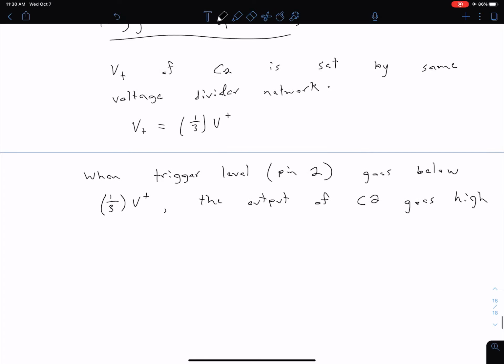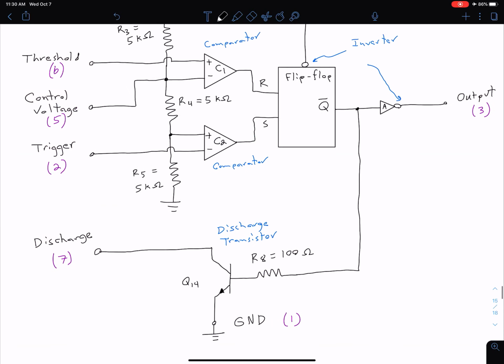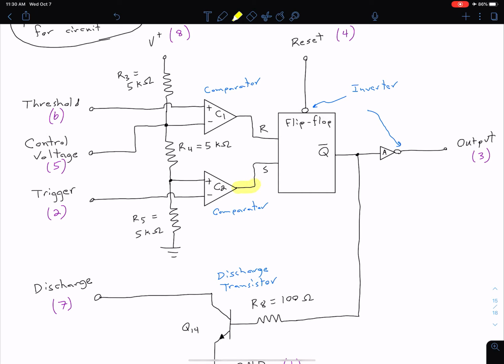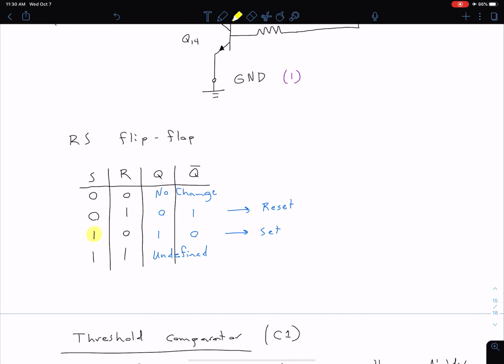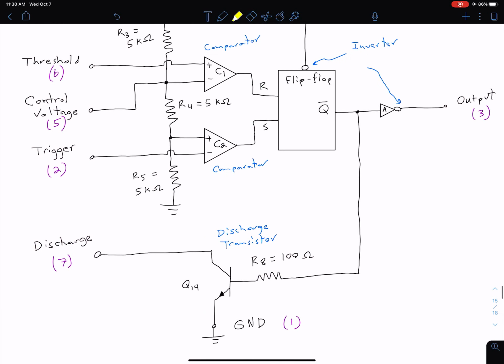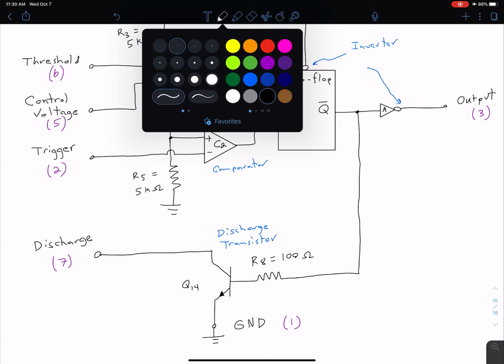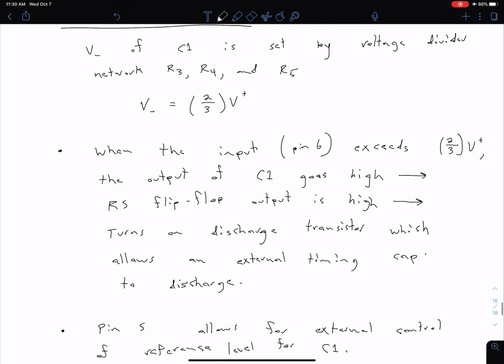And so what we can see is our output of C2 is our S input to our flip-flop. So we come down here and ask, what happens when our S is equal to 1? That's going to give us a Q naught of 0. We can see Q naught is the output here, so we're going to have a low signal connected to the base of that transistor.